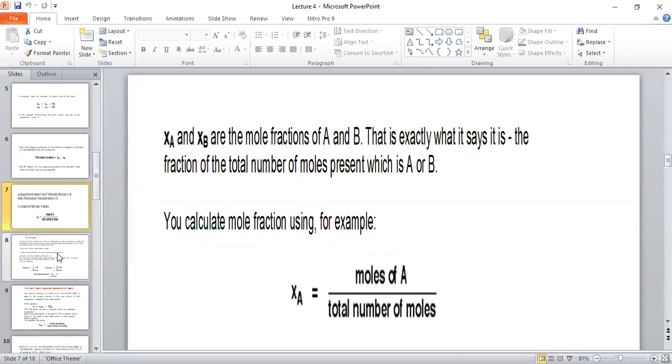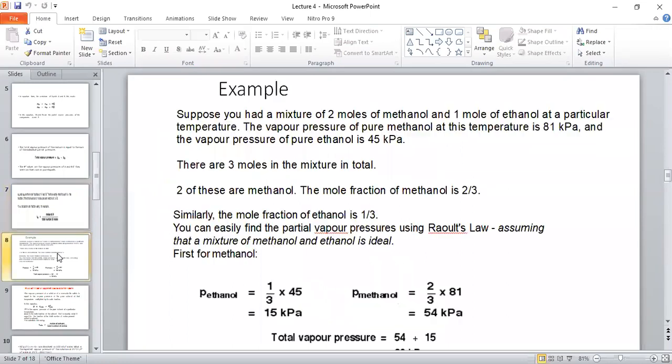That gives you the mole fraction for A. For B also, it is the moles of B divided by the total number of moles, that is the moles of A and B together. That gives you the mole fraction of B.